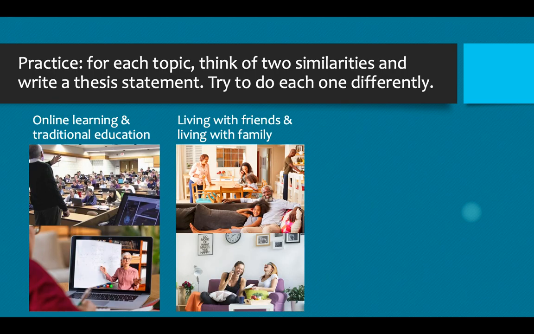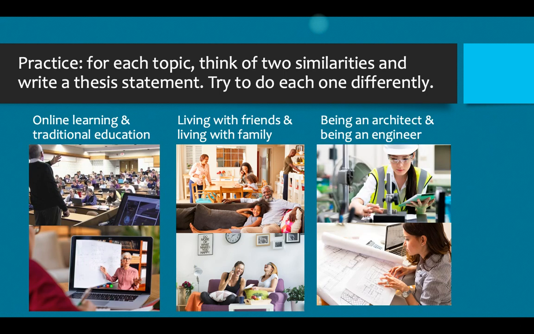Second one is living with friends and living with family. So we're using one that's in a gerund structure here. And the third one is being an architect and being an engineer. Now this one you could do as a gerund like this, or you could just do it as the nouns. An architect and an engineer are similar in terms of etc. So they could be either way here.